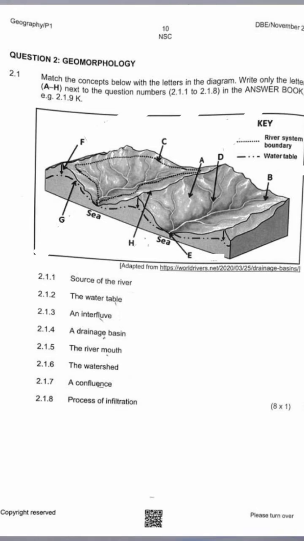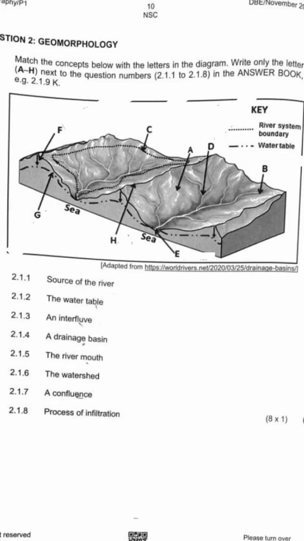Look at B. You have a river system there, and this stream is on the northern end, on the upstream of the river. And of course, you can see that that is where the river actually began. Because it is allocated a letter, that has to be B. So the source of the river is B. The answer for 2.1.1 is B.